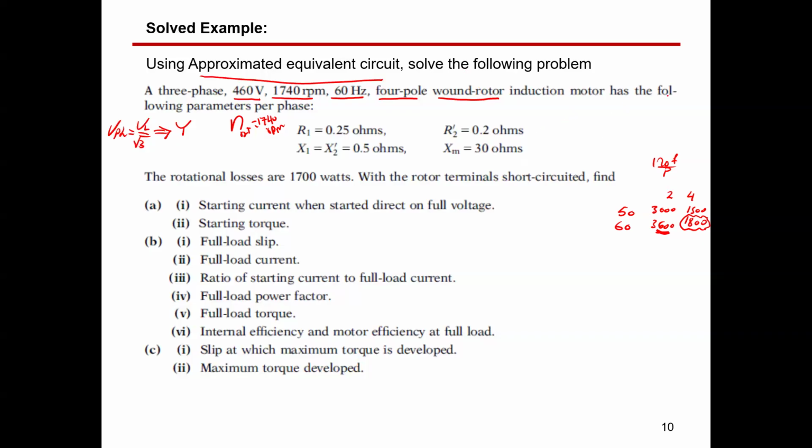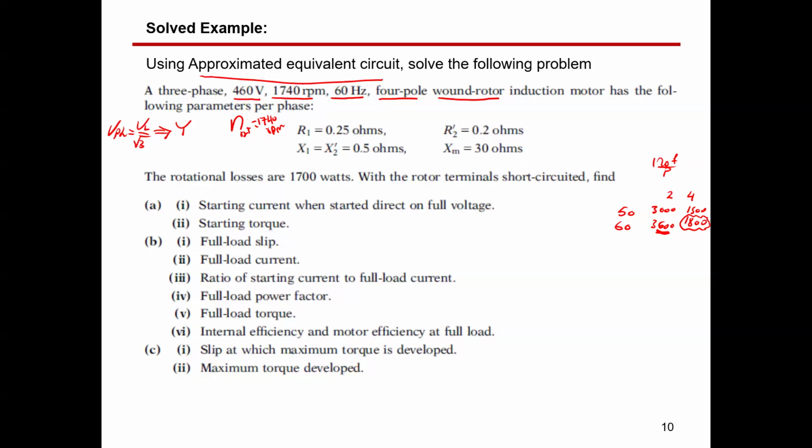So the motor here had the following parameters per phase. R1, so R1 is the stator resistance. R2 prime is the rotor resistance referred to stator side. And all the time, guys, in the questions, the parameters are going to be referred. So it's not like a transformer. You don't have to refer the values.